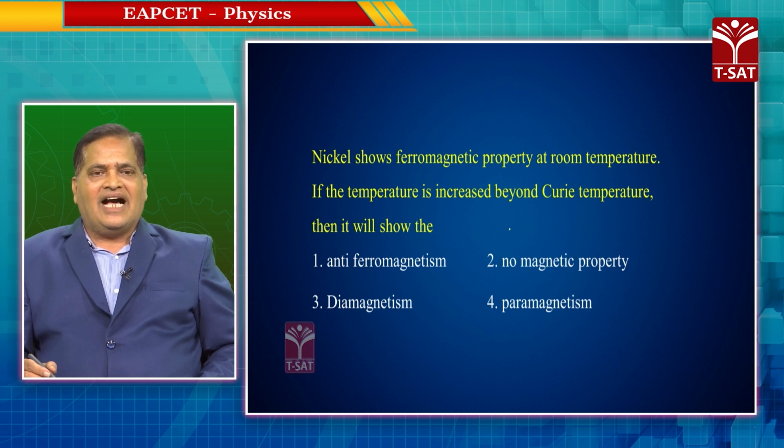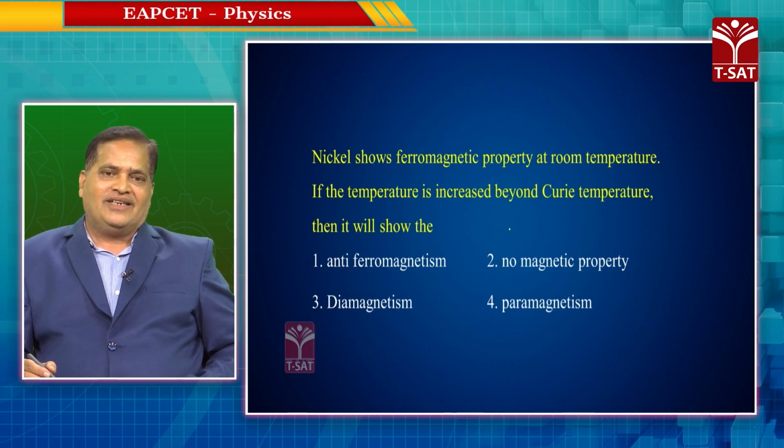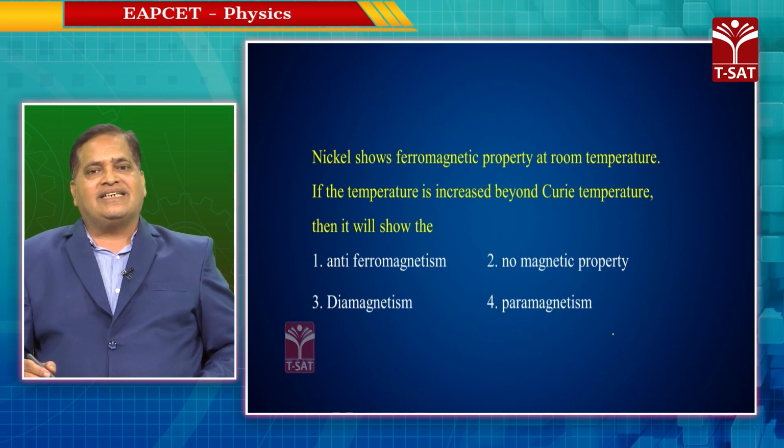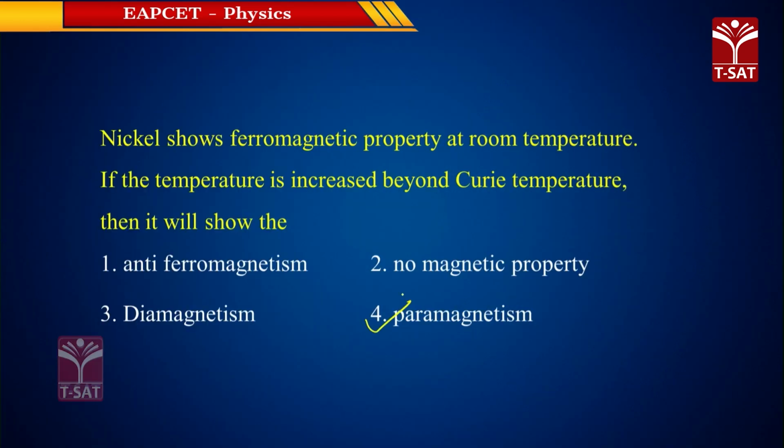Here iron, nickel, cobalt are the ferromagnetic substances. When the ferromagnetic substance's temperature is increased to a certain temperature, that temperature is called the Curie temperature. At the Curie temperature, ferromagnetic substances are converted to paramagnetic substances. Okay, therefore here the fourth option is the correct answer.